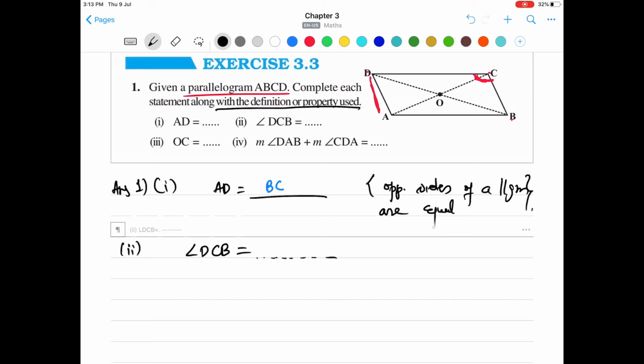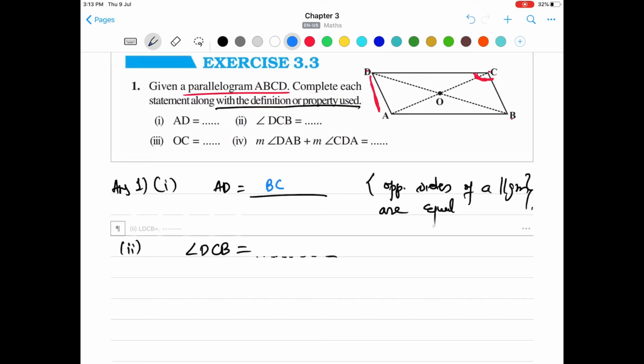So the answer will be angle DCB equals angle DAB, and the reason for this one is opposite angles of a parallelogram are equal.